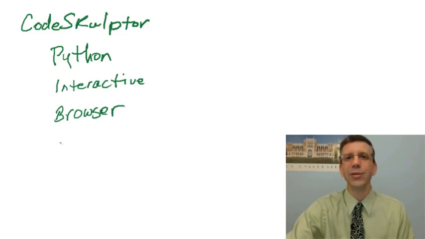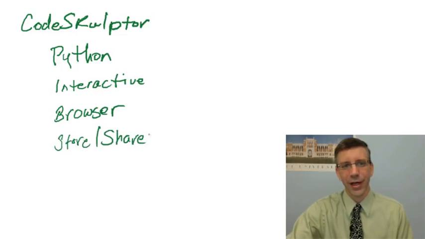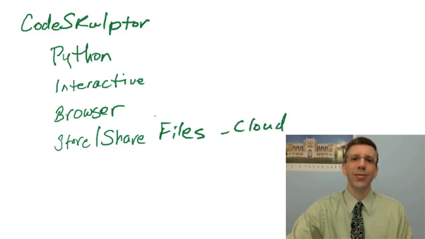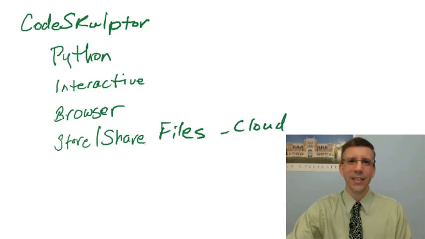We also, because we're in the browser, have an easy way of storing and sharing files. Now we're going to put these out in the cloud. What is the cloud? Well, cloud is sort of a nebulous term, but the way that we're going to use that term is there's a bunch of data centers around the world, and these data centers have plenty of storage.